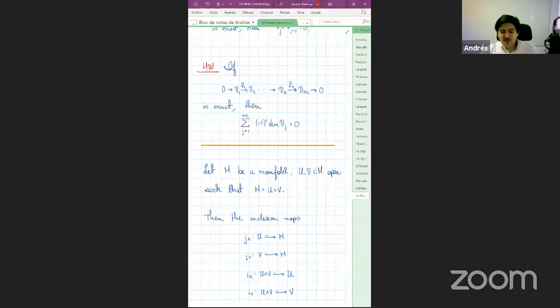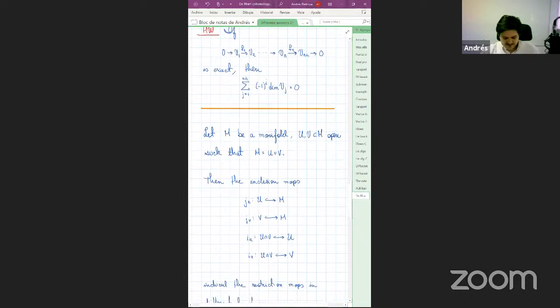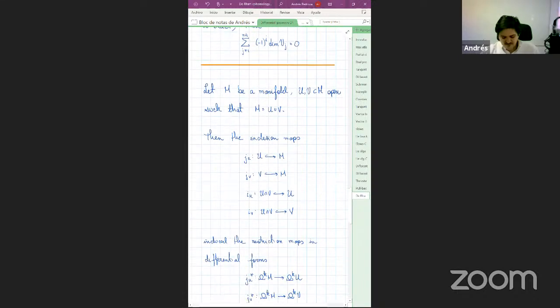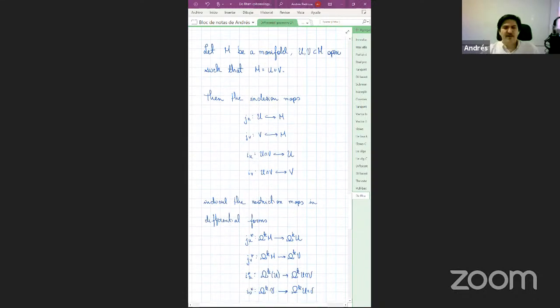Thus, we have the induced maps either on the degree k differential forms and also in cohomology. For the time being, I will focus on differential forms. Remember that for a map, the induced map in differential forms changes the direction.